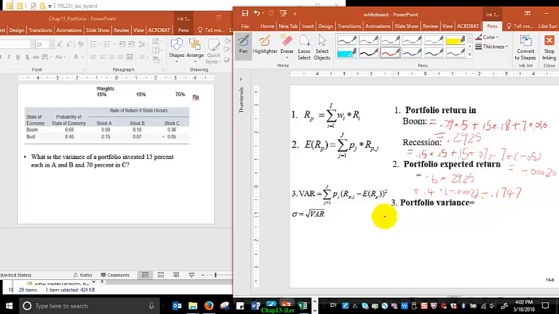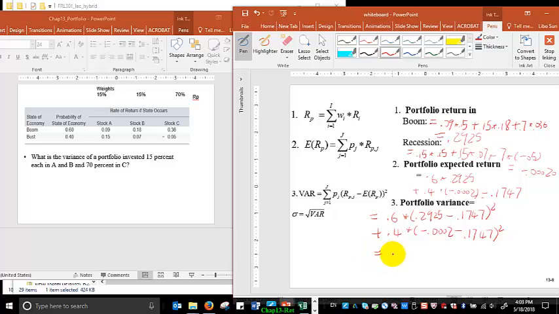17.47%. To get variance, it's very similar. Use the single security formula. 60% is boom. We use 0.2925, subtract 0.1747, squared. Then we move to 40% times negative 0.0002, subtract 0.1747, squared.